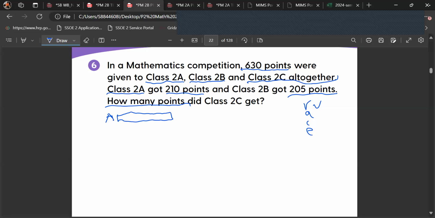Okay, and then the model is like this. B is longer or shorter? B is shorter. Your model looks like a biscuit. Yeah, my model looks like a biscuit. Practice your drawing skills, okay?